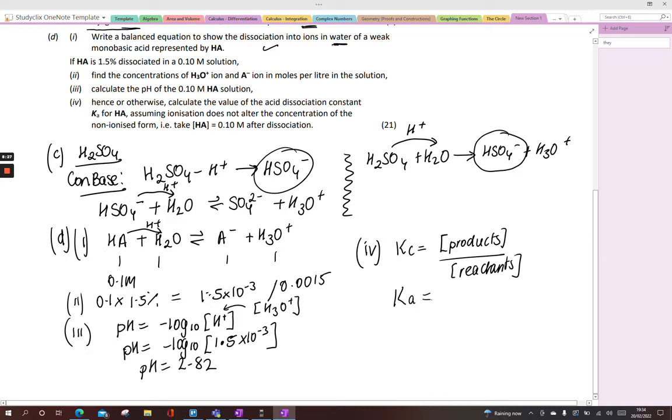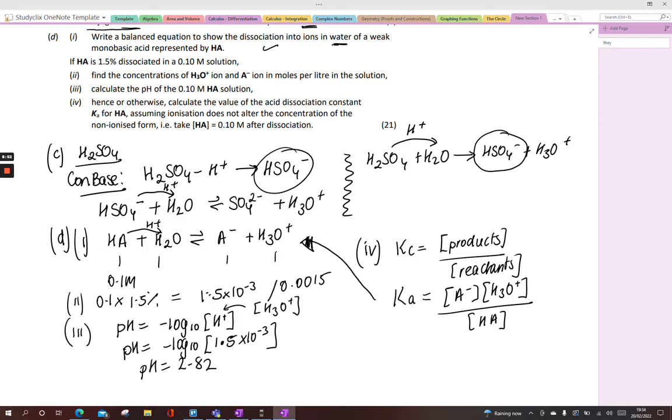So Ka, we're ignoring our H2O because that always has a constant value. So it's the right hand side, our A- times our H3O+ or H+ over our HA. So once again, we've just changed our Kc to Ka because H2O always has the same value.